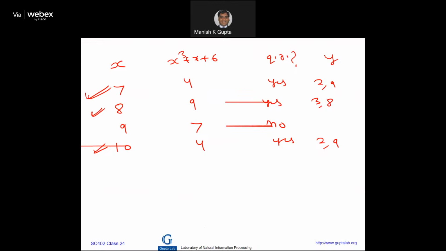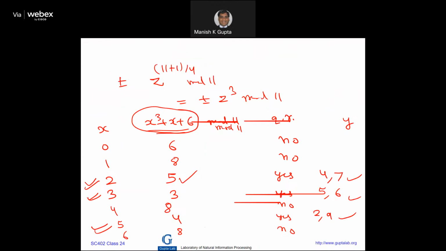So total number of points, you can see 1, 2, 3, 3 here, and 3 here. So 6 cases. In each of these 6 cases of x, there are two values of y. So how many points? 12 points total. 12 plus 1 point at infinity. So total number of points is 13.